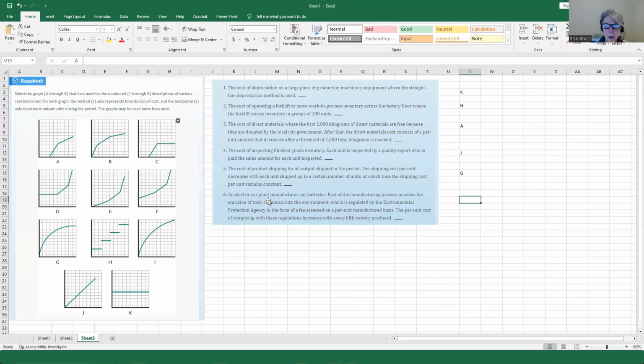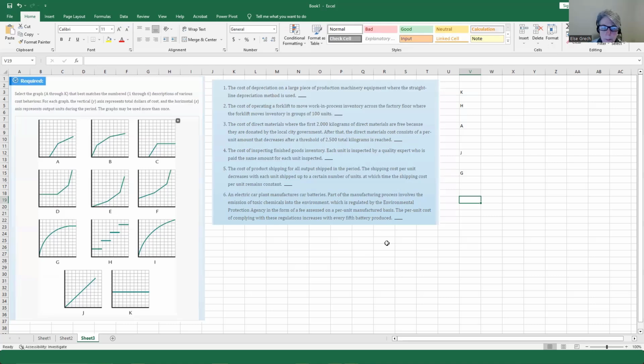An electric car plant manufactures car batteries. Part of the manufacturing process involves the emission of toxic chemicals into the environment, which is regulated by the Environmental Protection Agency in the form of a fee assessed on a per unit manufactured basis. The per unit cost of complying with these regulations increases with every 5th battery produced.